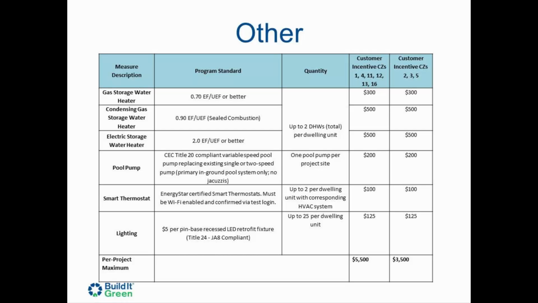And then lighting can be claimed, $5 per bin-based recessed LED retrofit fixture. Has to be Title 24 compliant. And then at the bottom you'll see the total maximum incentives that can be claimed depending on the customer's climate zone.